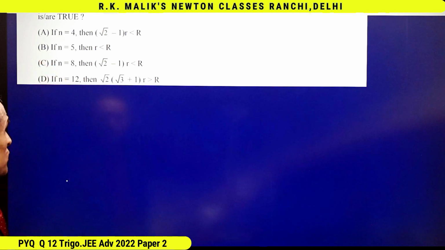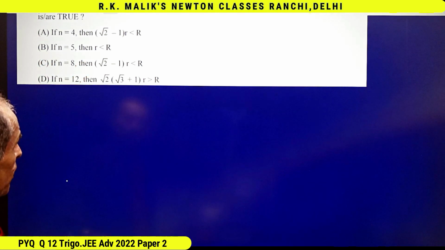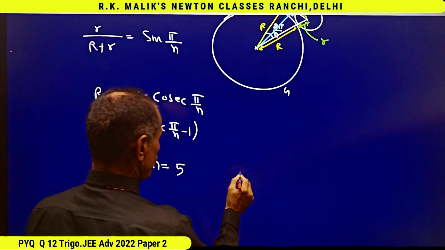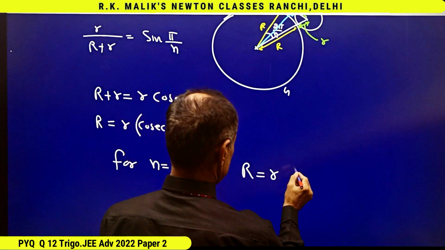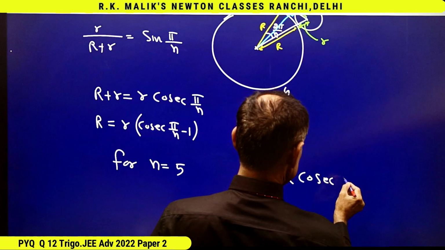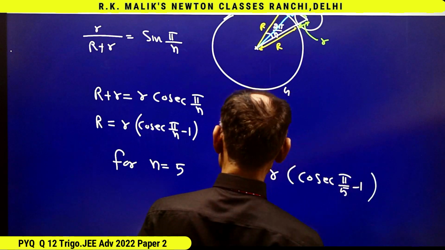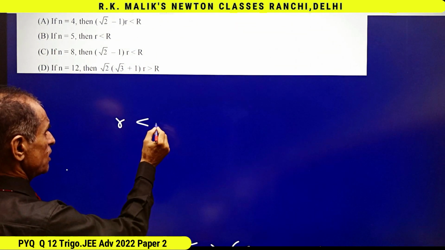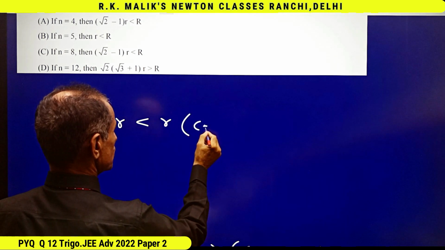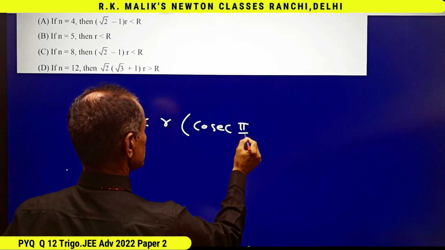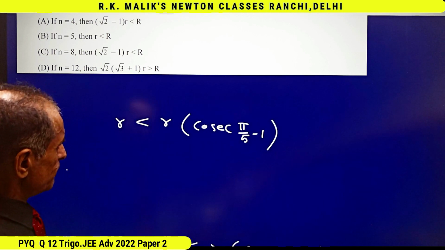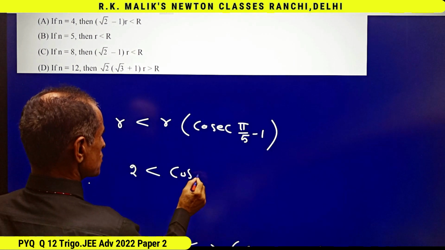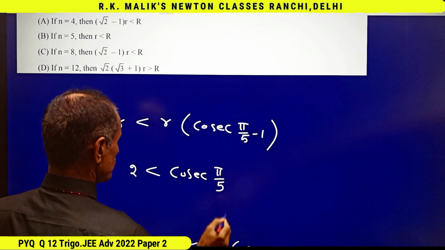And now for checking choice B, first let us find the value of capital R. For n equal to 5, the value of capital R is r into cosecant pi by 5 minus 1. Choice B will become correct if r is less than r into cosec pi by 5 minus 1. That is, if 2 is less than cosecant pi by 5.